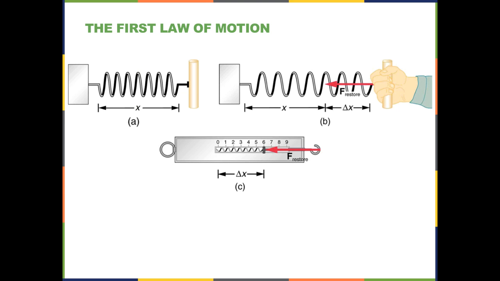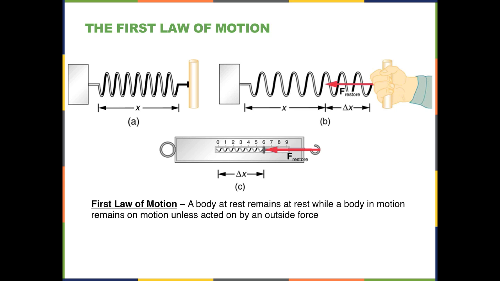Now, Newton had 3 laws of motion. And the first law of motion is illustrated here. Newton's first law of motion states that a body at rest remains at rest, while a body in motion remains in motion unless acted on by an outside force.